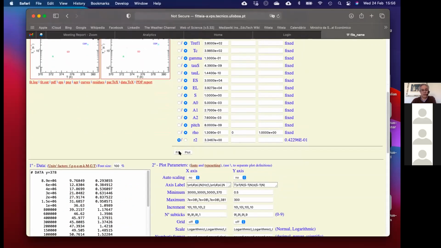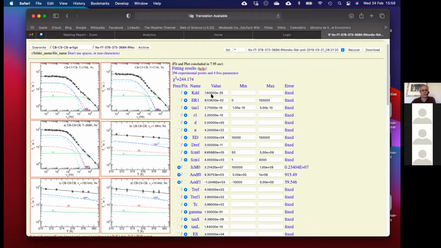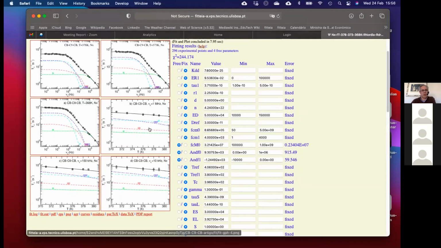And of course, I can do a fit or I can do a plot. If I do a fit, it will perform the fit and end by producing the plots obtained after the minimization of the chi-square.